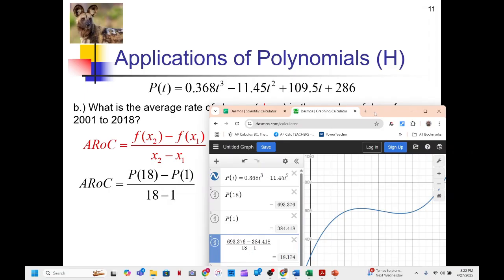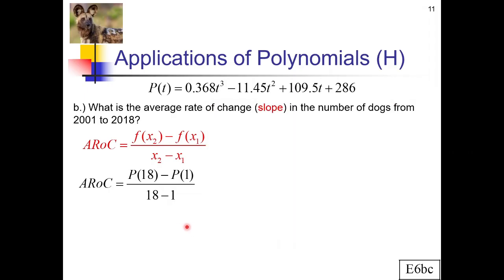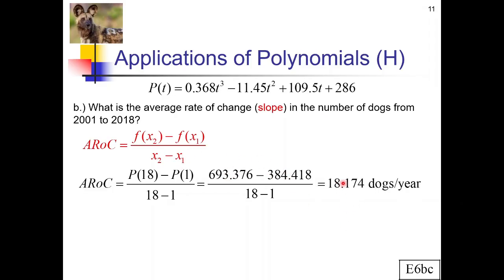And that comes out to about 18.174. So there was the things I ended up plugging in, and I could have really just done p of 18 minus p of 1 like I had written here. I just wanted to show you the values there. But that all came out to 18.174, and this is going to be dogs per year for our units. T was in years, P was in number of dogs, so there it is.